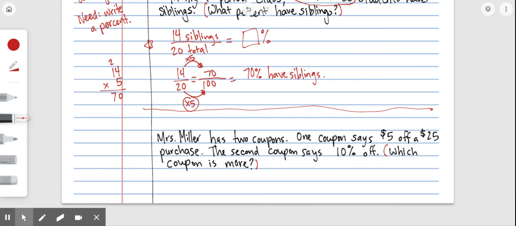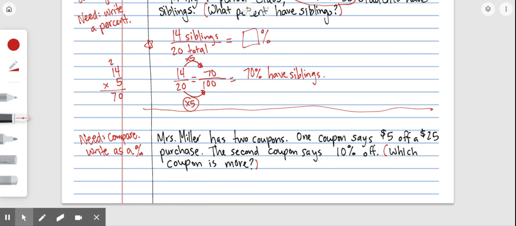So what I need is to compare. But one of the coupons is in percents and the other is in fractions. So I need to write them both as a percent. Okay.